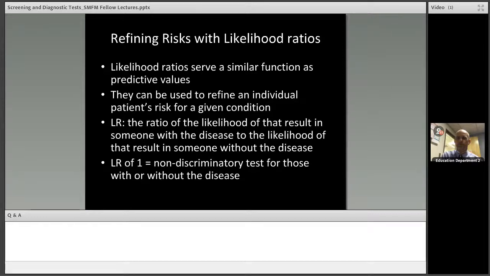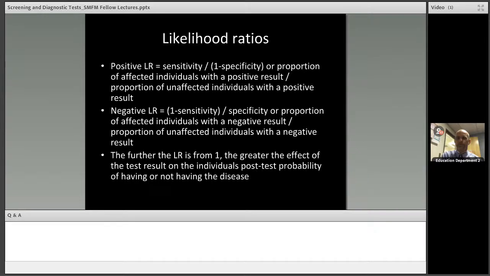So the likelihood ratio is defined as the ratio of the likelihood of that result in someone with the disease compared to the likelihood of that same result in someone without the disease. So it can be positive or negative. So a likelihood ratio of 1 is non-discriminatory because it does not really help you to know those with or those without the disease.